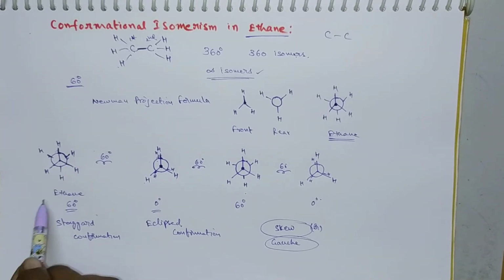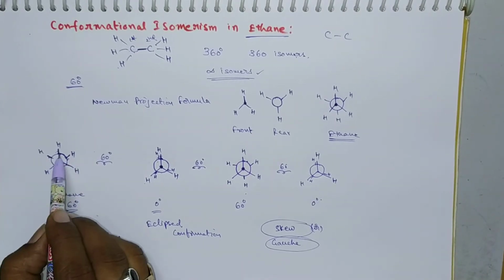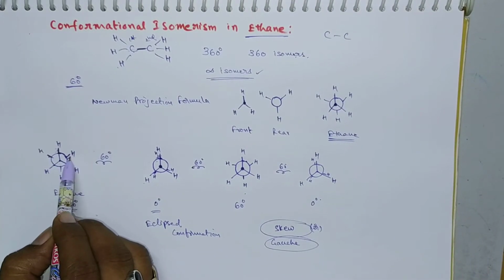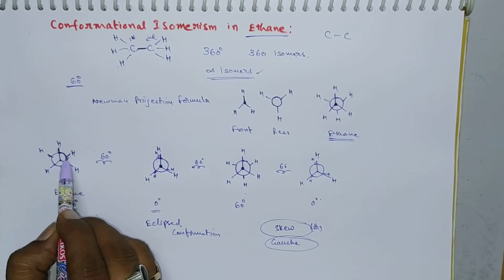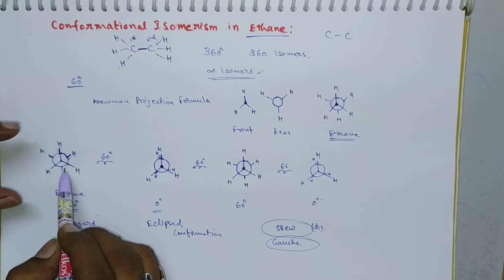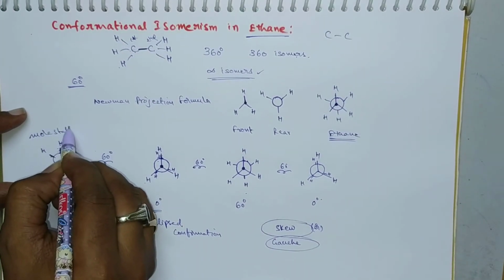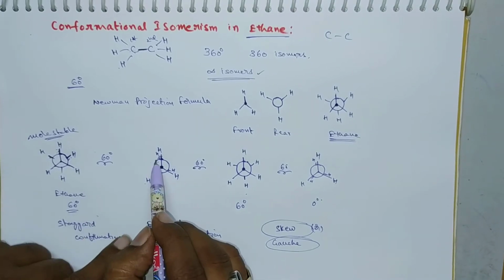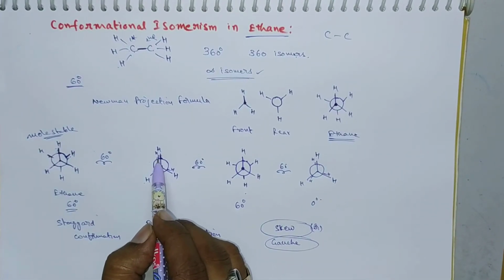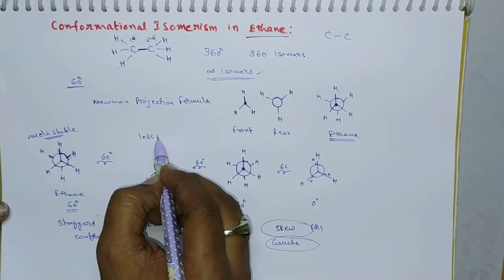In the staggered conformation of ethane the two hydrogens are separated by 60 degrees. That means these two bond pairs are separated by 60 degrees, so there is less repulsion. If there is less repulsion the molecule will be more stable. In the eclipsed conformation there is 0 degree separation, which means more repulsion, so it is less stable.